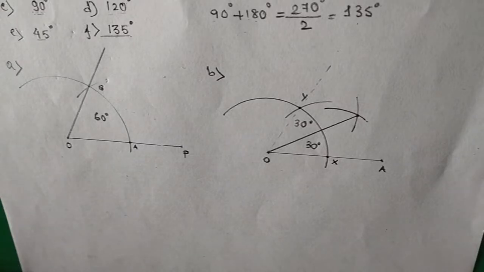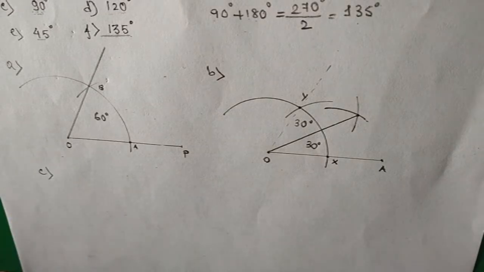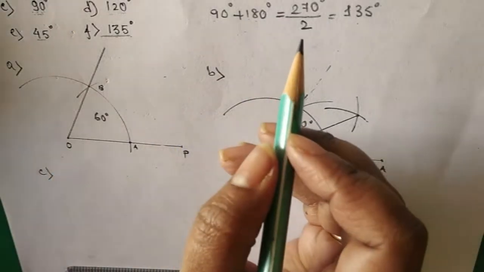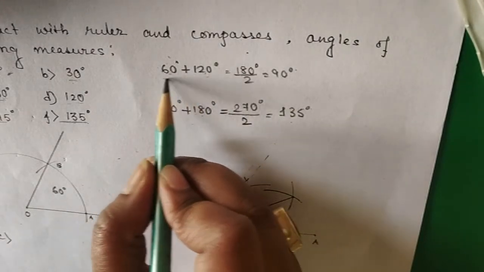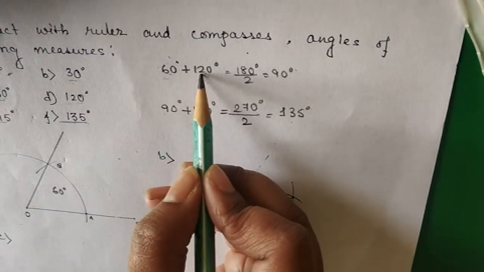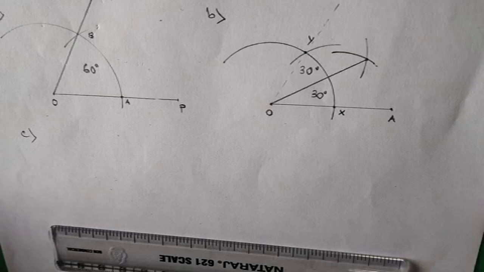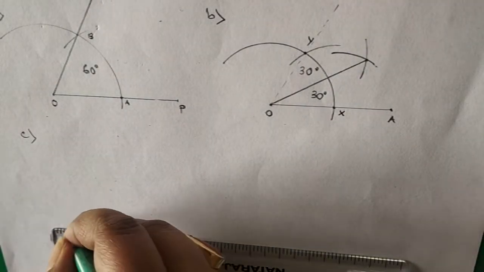Okay. And next we have 90 degree. As you know, 90 degree is half. To construct 90 degree, we will bisect 60 and 120. So at first we will draw 60 degree and then 120 degree. Then we will bisect these two points. So we will draw a line segment.